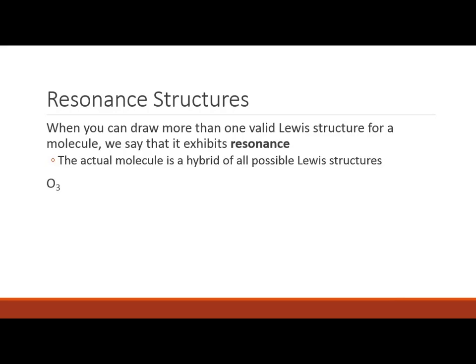So this would be ozone, O3. And if I go ahead and start drawing this, first thing I need to do, just like always, is to count my valence electrons. So I have 3 times 6, because oxygen's in column 6A, giving me 18 electrons to work with. Now I'm going to go ahead and just put all of those oxygens in a nice little row, connect them with single bonds, and then I can start filling out the octets.